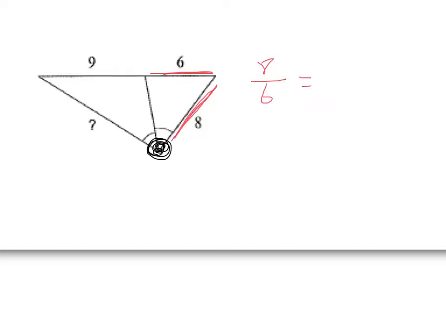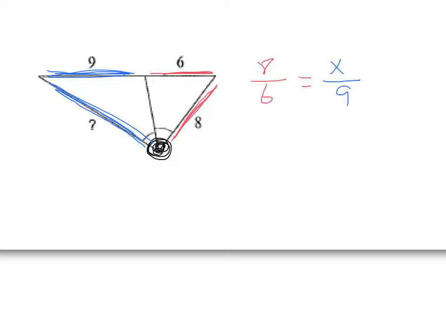And that proportion will be equal to, if I go to this side, the other side of the angle that's been bisected, that's the unknown, that's a question mark there, over the opposite side there, which is 9.